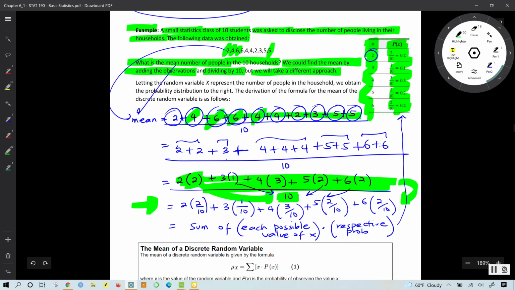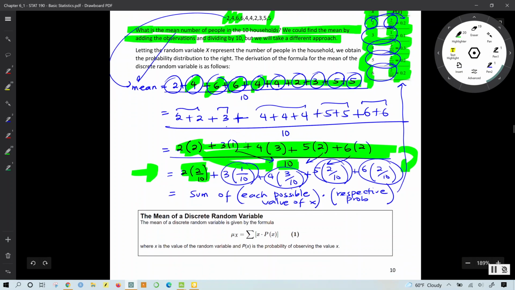So this is 2 multiplied by 2 over 10 right here. And then 3 multiplied by 1 over 10 right there. And then 4 multiplied by 3 over 10. 5 multiplied by 2 over 10. And 6 multiplied by 2 over 10. So, as it stands, we have a generalized formula, and that is summarized in this table.